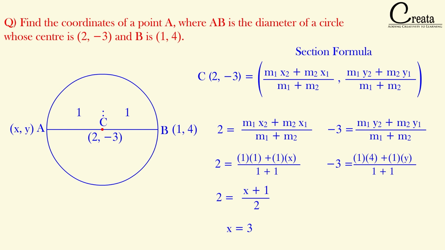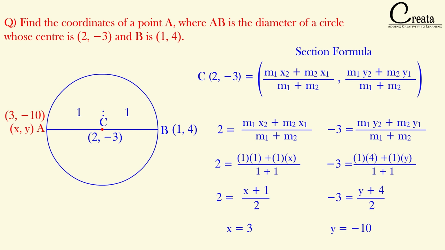We got -3 is equal to (y plus 4)/2. On solving, we got the value of y as -10. So we got the coordinate of point A as (3, -10). This is the answer of the question.